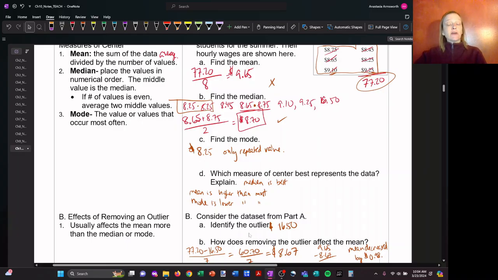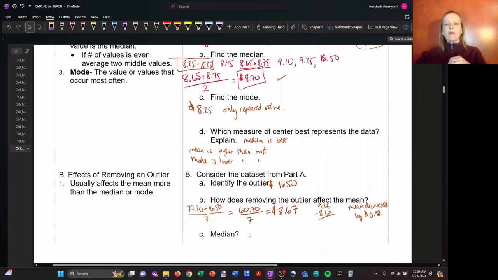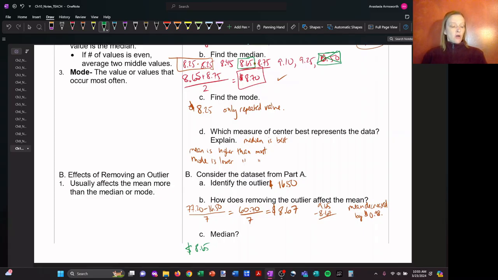Let's look at how the median is affected by removing this outlier value. Looking at this list, because I've already written it in order, it's easier for me to see what happens when I remove that outlier value. Now I have an odd number of values in the data set, and my new median is $8.65. So what was the effect of removing this outlier?